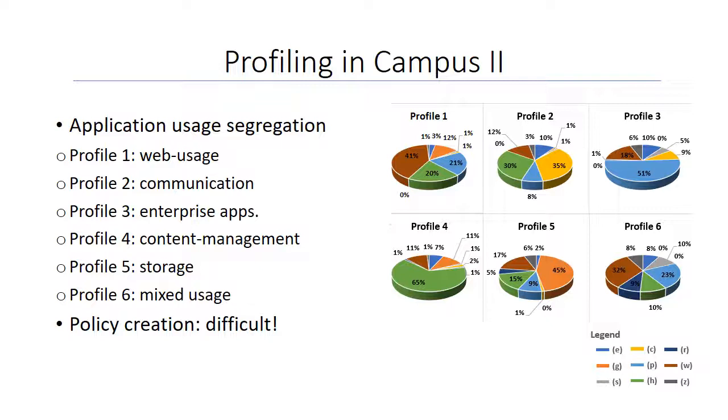Profile 5 was tilted towards storage related services using the network attached storage, while profile 6 showed a mix of all application usage in almost equal proportion apart from a few. Creating manual network management policies for each of these profiles would have been very difficult if done manually.